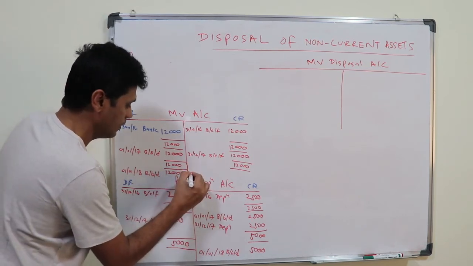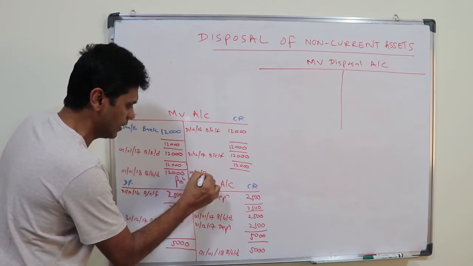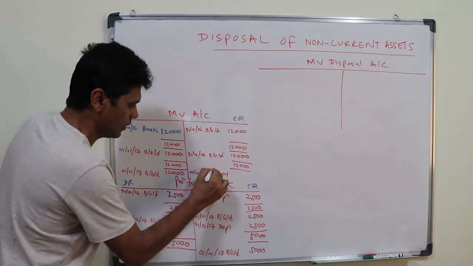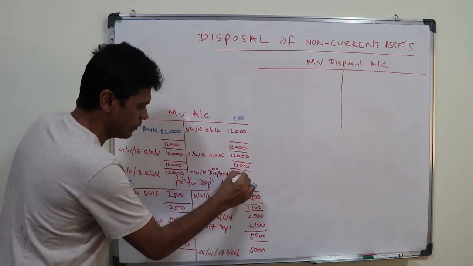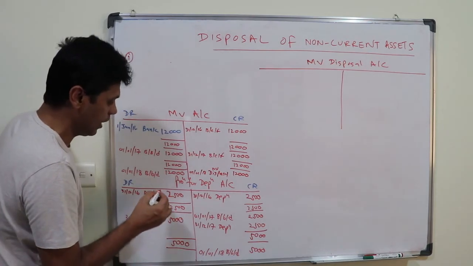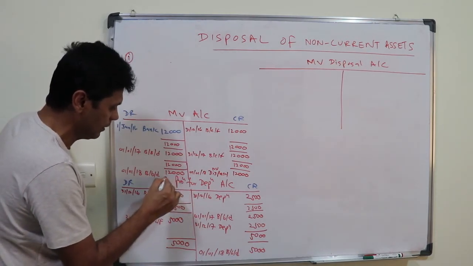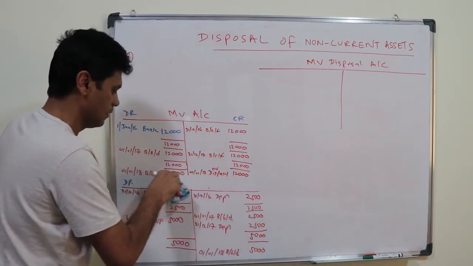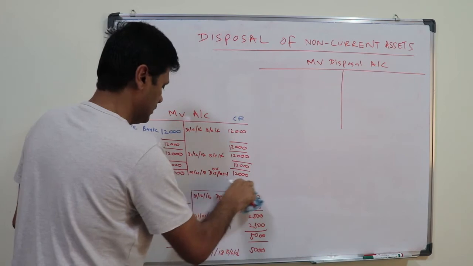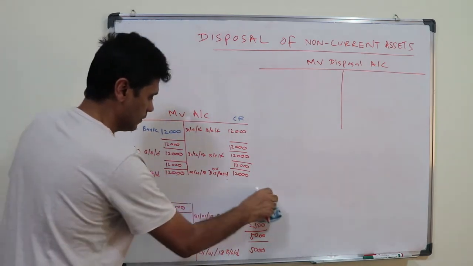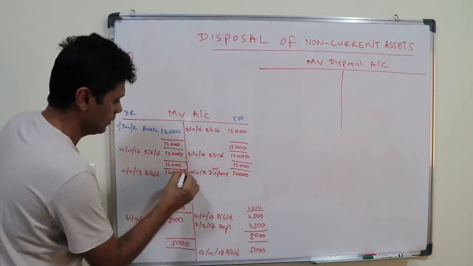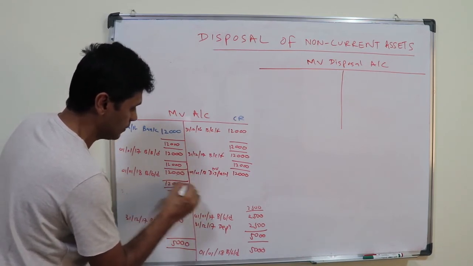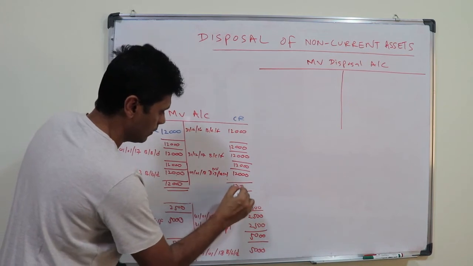On 1st January 2018, motor vehicle disposal account 12,000. So you credit that, thereby making this account zero.